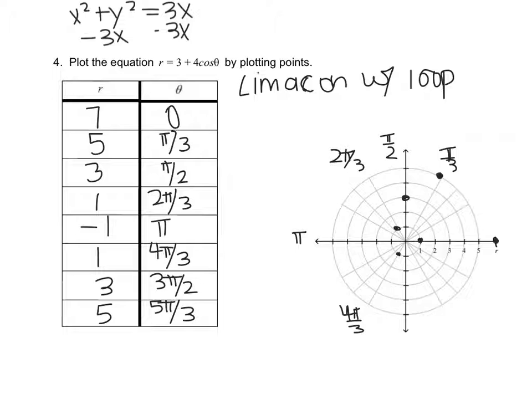Then 3 pi over 2 has a value of 3. And then lastly, 5 pi over 3 has a value of 5.